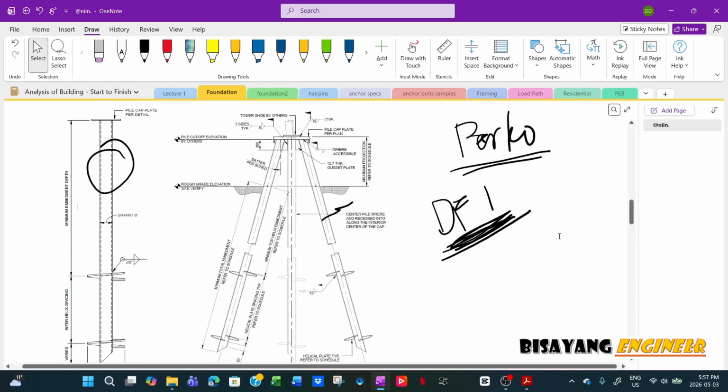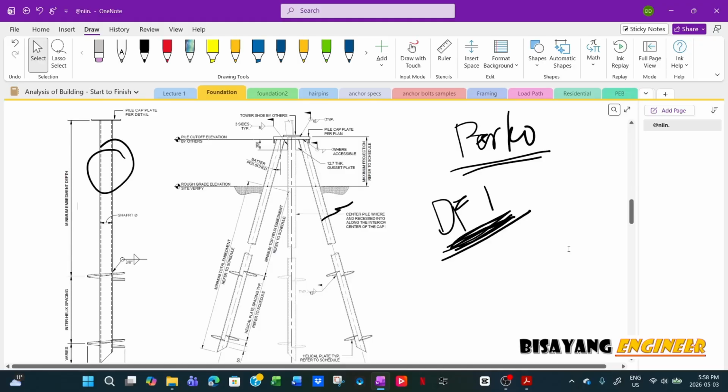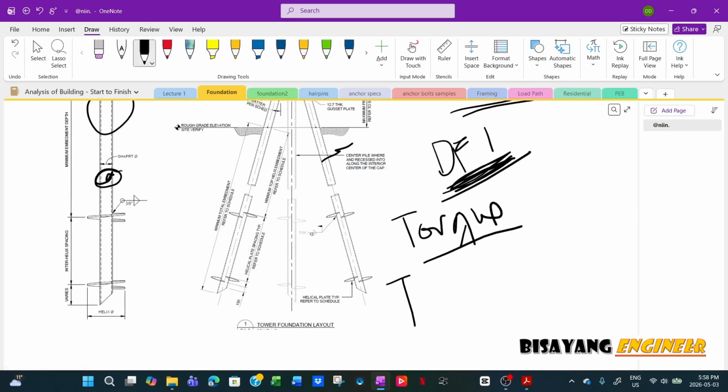Anyway, the advantage of this one is that through experience there is an empirical equation that you can use to determine the capacity of this pile based on the installation torque, and that is the torque correlation factor.